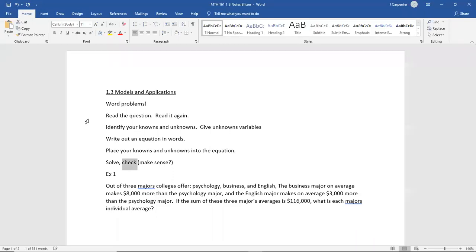So your answer should probably be somewhere between 20 miles an hour and 60 miles an hour, maybe a little more than 60. It could go down to 10 if we're dealing with heavy traffic. But 6,000 miles an hour sounds a little ridiculous. Versus if we were talking about the speed of an airplane, if you got an answer of 5 miles an hour, again, that doesn't really make sense. Airplanes generally go much, much faster. So long as we're not talking about paper airplanes, that would be another scenario.